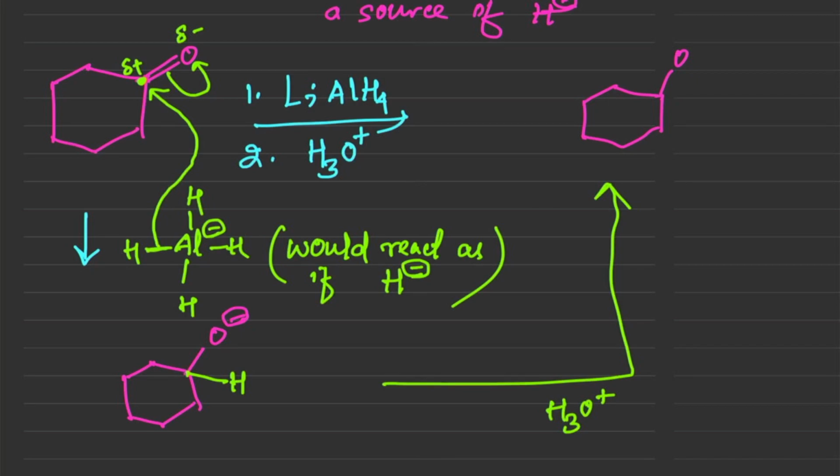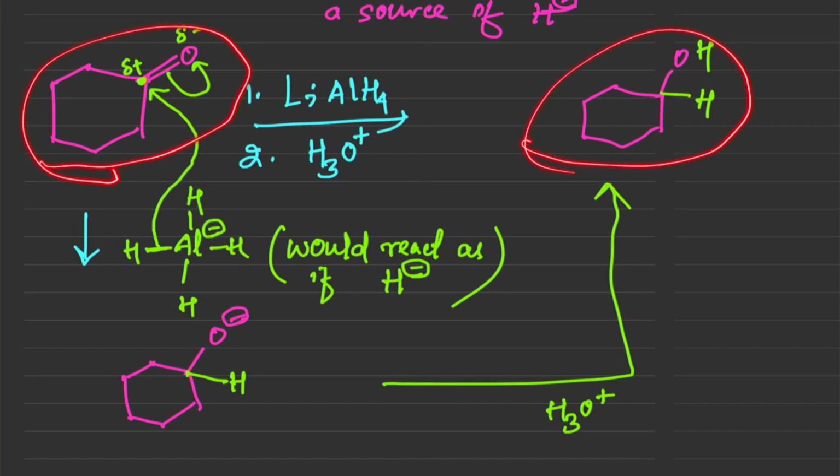So this becomes OH and H. Again, you don't need to draw the hydrogen if you don't want to; you can leave it as OH as your answer. But I'm going to draw it out so that you can see that we have added a hydride ion right here. Again, we started with a ketone and ended up with a secondary alcohol.